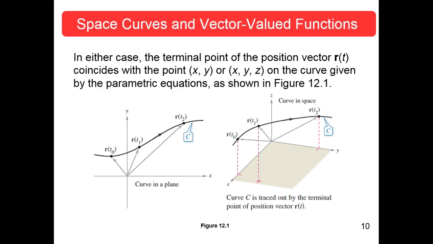In 3-space, here's the problem. You can't tell where it's going except they've drawn some things in here that help. At time t equals 0, you're here. It looks like you're directly above the x-axis. So you have an x component and a z component, but no y component. The y component is 0 at time t equals 0. Well, it doesn't have to be time. At parameter t0.